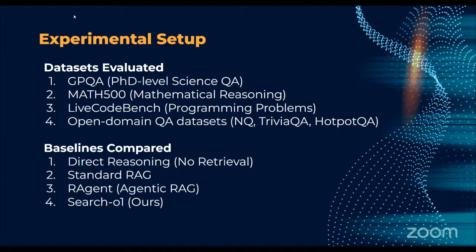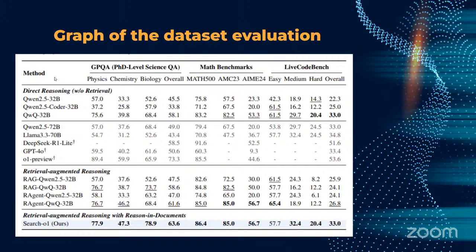And we compared it to different approaches: AI without retrieval, which is for direct reasoning; AI using standard RAG; AI with agentic RAG; and finally, Search-o1, which is the model that we built. So the graph you can see is for the datasets for evaluation.